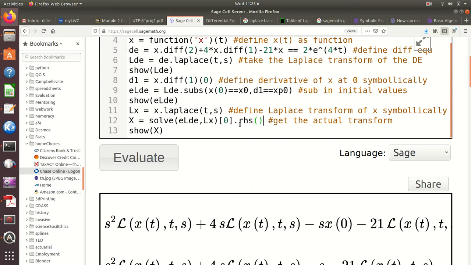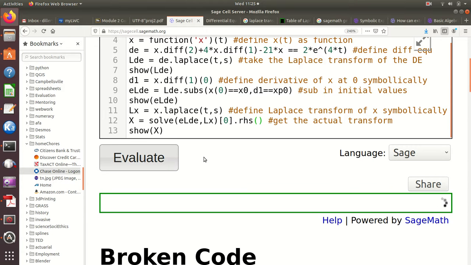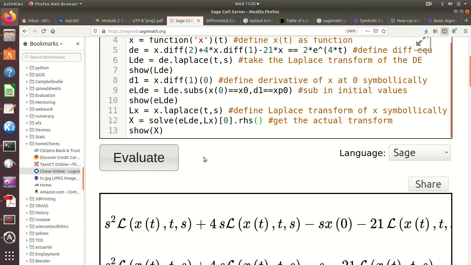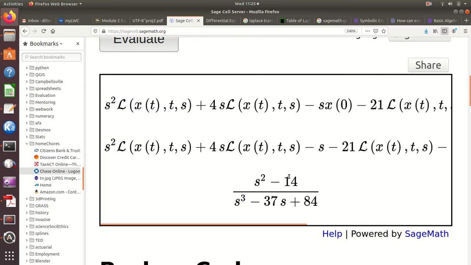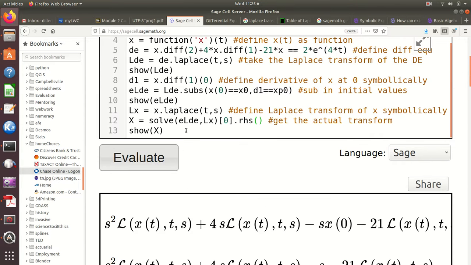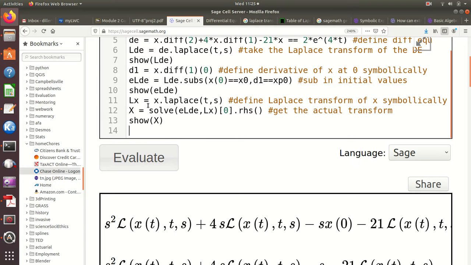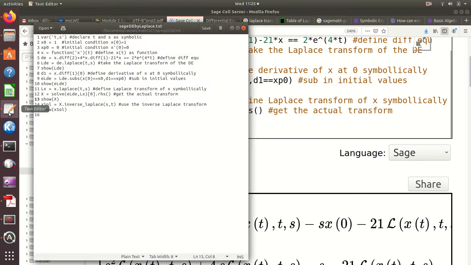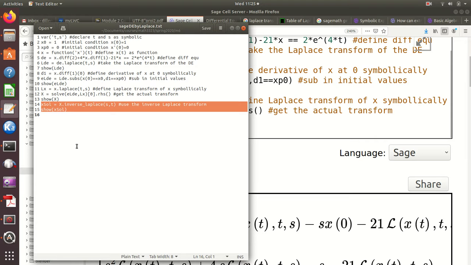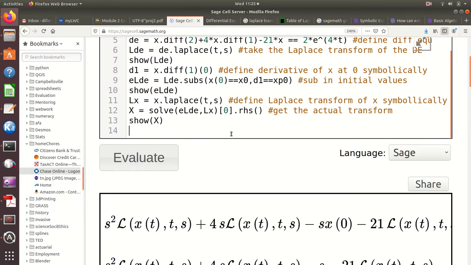And now when I evaluate, I will see that I just have that right hand side. So that's great, that's what I need to work with. And so finally, there's my Laplace transform of the answer, and I go here and get my last two lines where I actually come up with that solution.